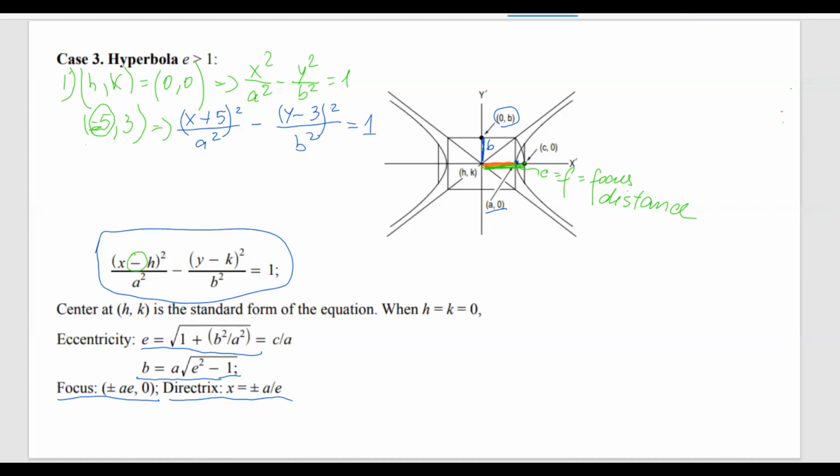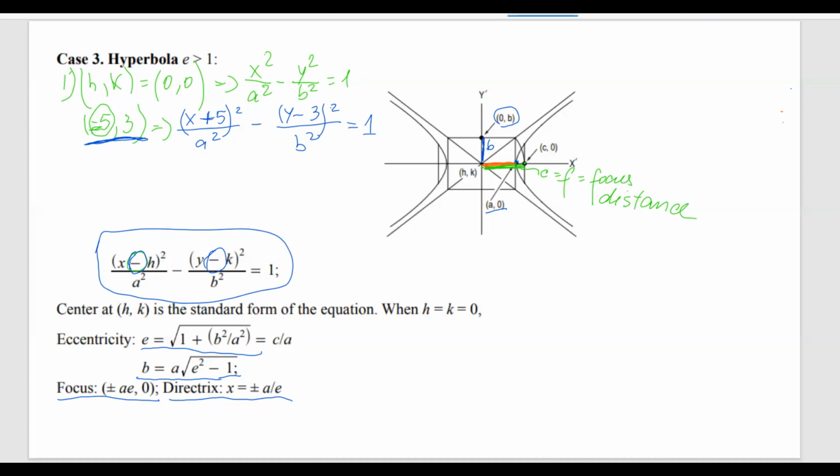Just something to remember when you have negative centers: the formula comes with a minus, so when you have a center at minus 5, minus a negative number is going to become plus.